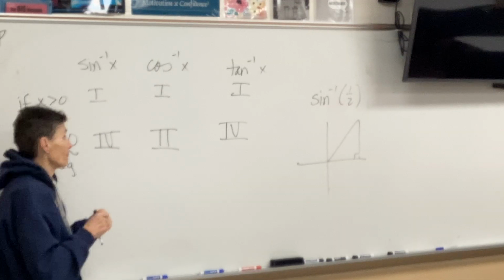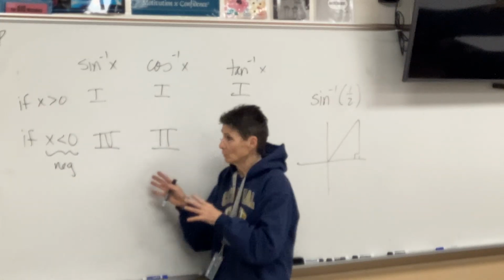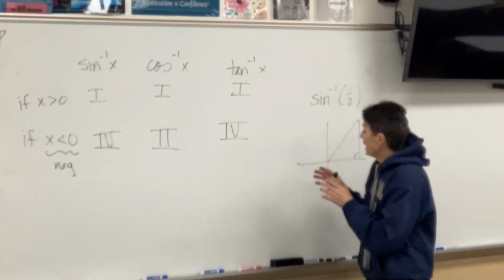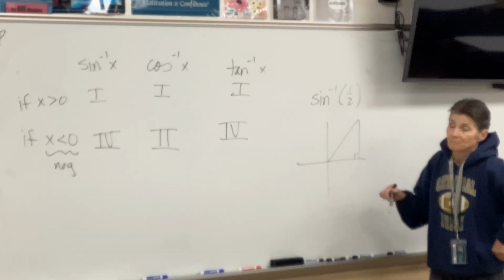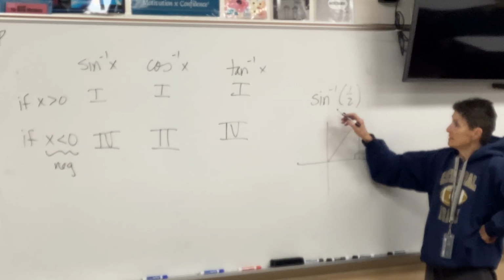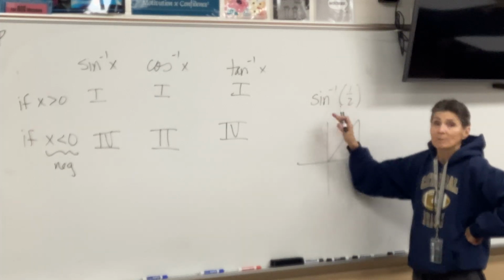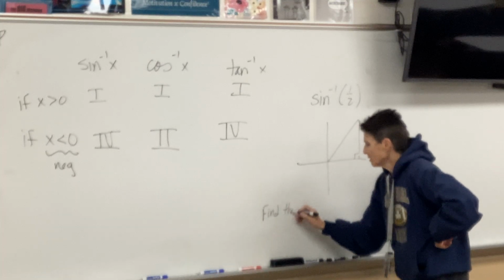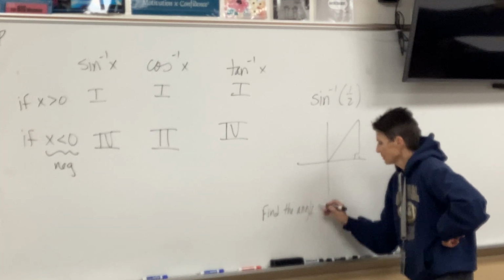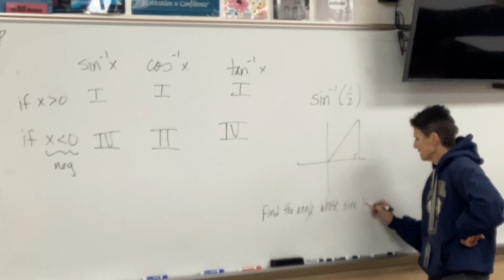Okay, so how does this work? Now I have my rules right here. Well, this says the sine is 1/2. The problem literally says, find the angle whose sine is 1/2.